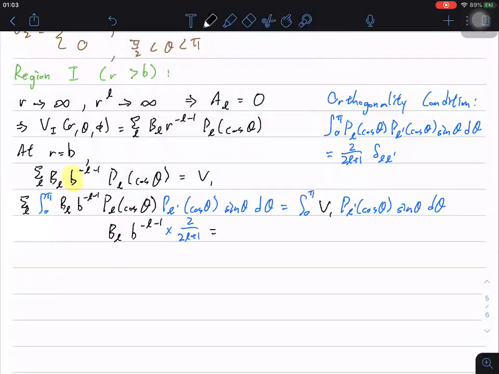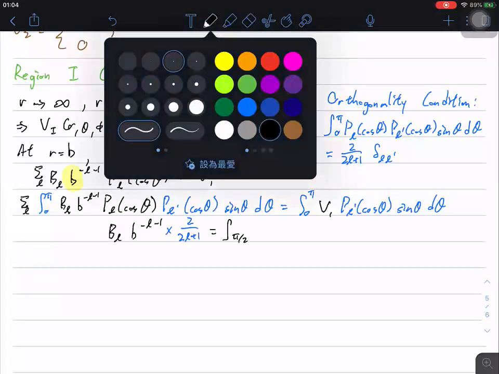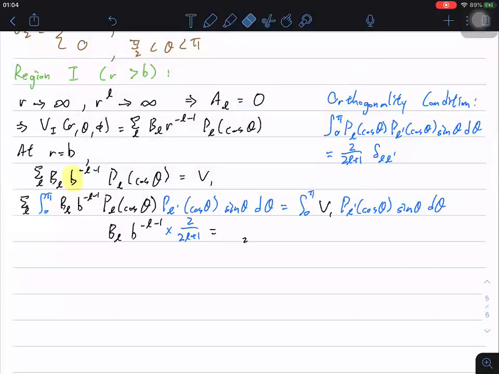And for the right hand side, since V1 vanishes at the upper hemisphere from 0 to pi over 2, we only have to consider the integration from pi over 2 to pi. And we can replace V1 with V.